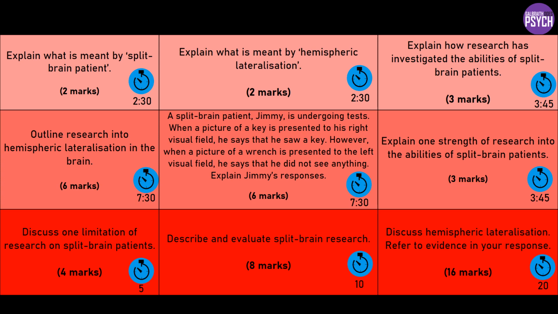Okay, in this third one, we need to talk about research. I'll draw your attention to the word how. So here we need to talk about the procedure of split brain research. The one that you're probably aware of is the study by Sperry and Gazzaniga.